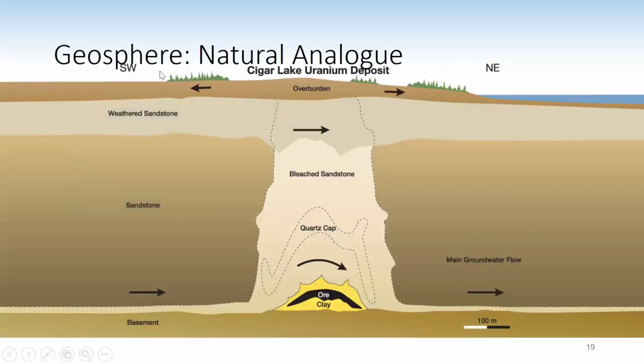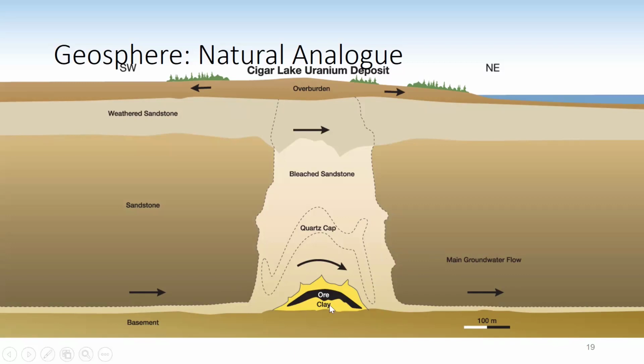Okay, next we have the geosphere. So this is the analog for this. It's often brought up that Cigar Lake in Saskatchewan acts as a natural barrier. It is the most concentrated uranium deposit in the world, and it has this geology that involves a quartz cap, in which the actual hydrogeology of the water flows over top of the deposit itself, the ore deposit of uranium.